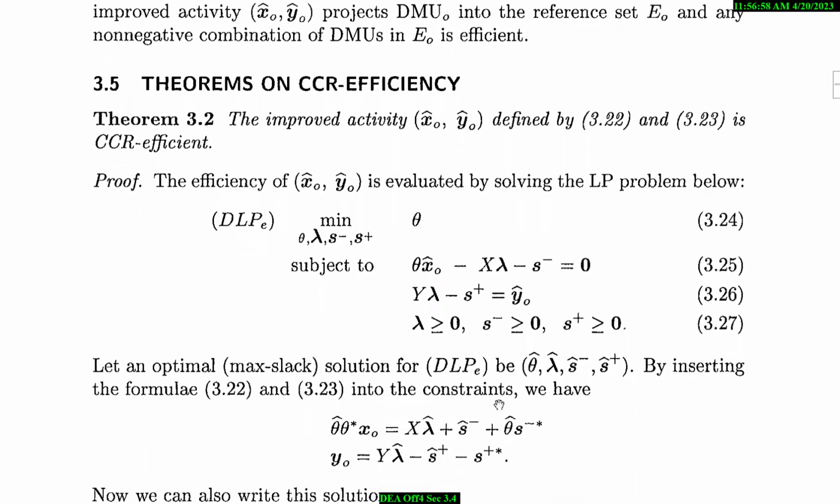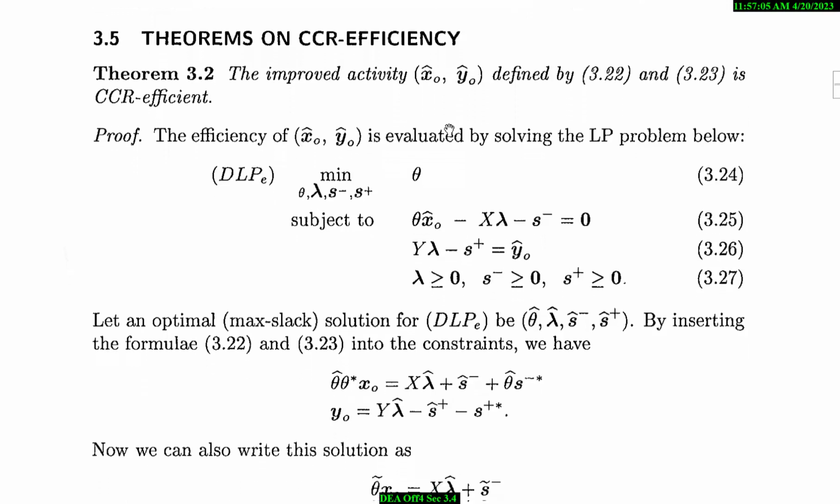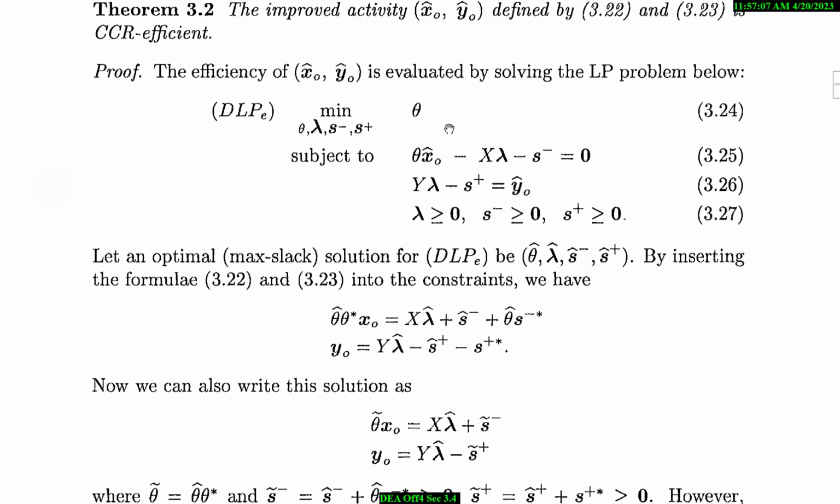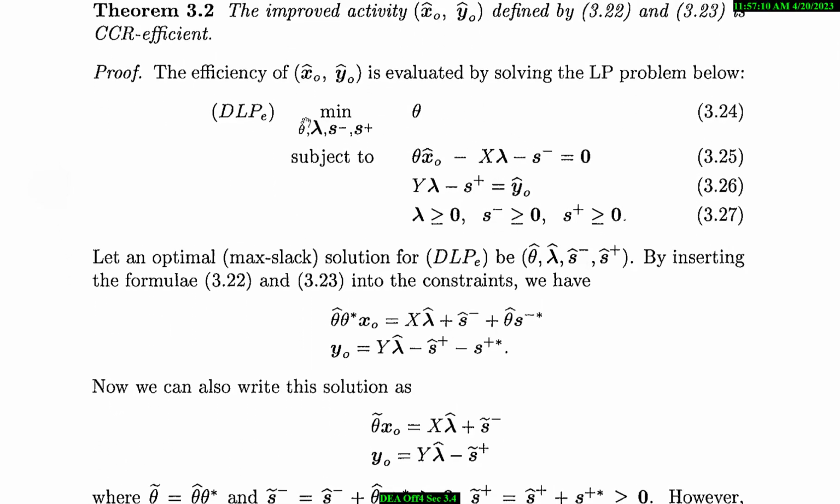Now we want to show this DMU is efficient by using the envelopment model.